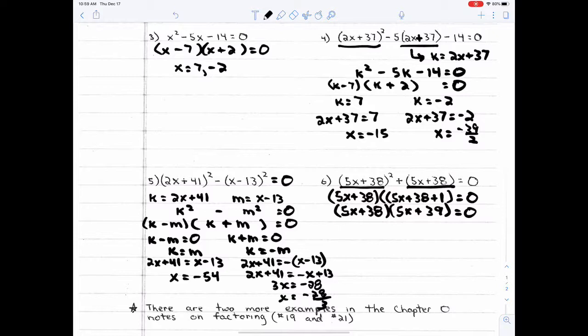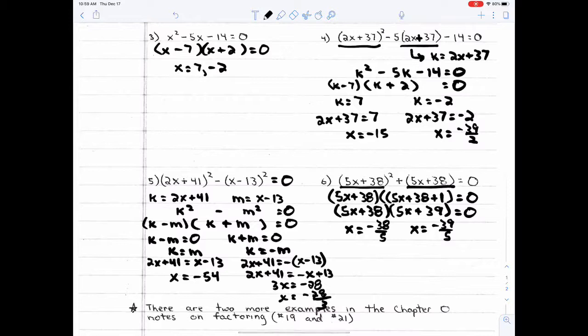And if I set each of those equal to 0, I'd get x equals negative 38 fifths and x equals negative 39 fifths. Okay, that's just straight by factoring.